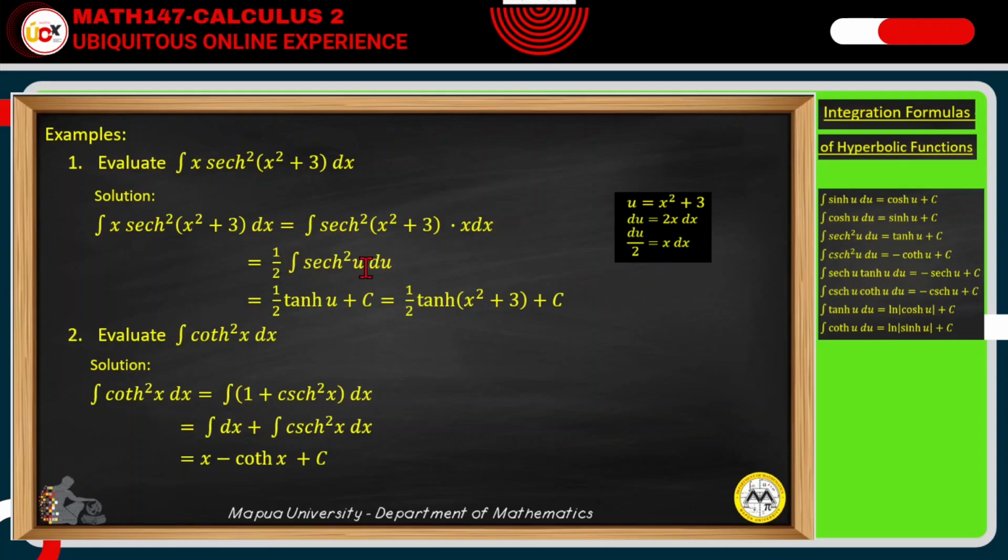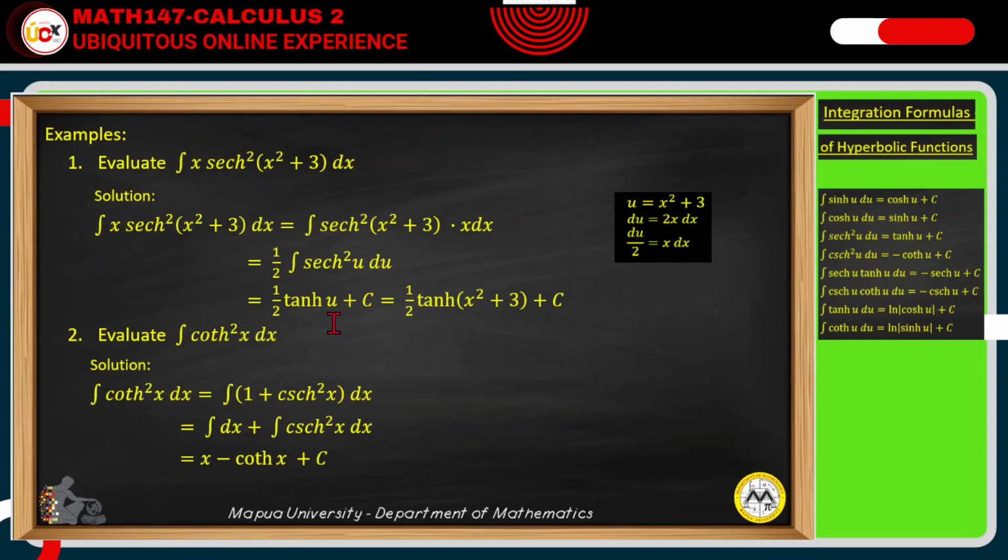So we have the integral of hyperbolic secant squared u du. Recall that from the formula, the integral of hyperbolic secant squared u du is hyperbolic tangent u plus the constant c. Therefore, the result is hyperbolic tangent u times the constant 1/2 plus the constant c.